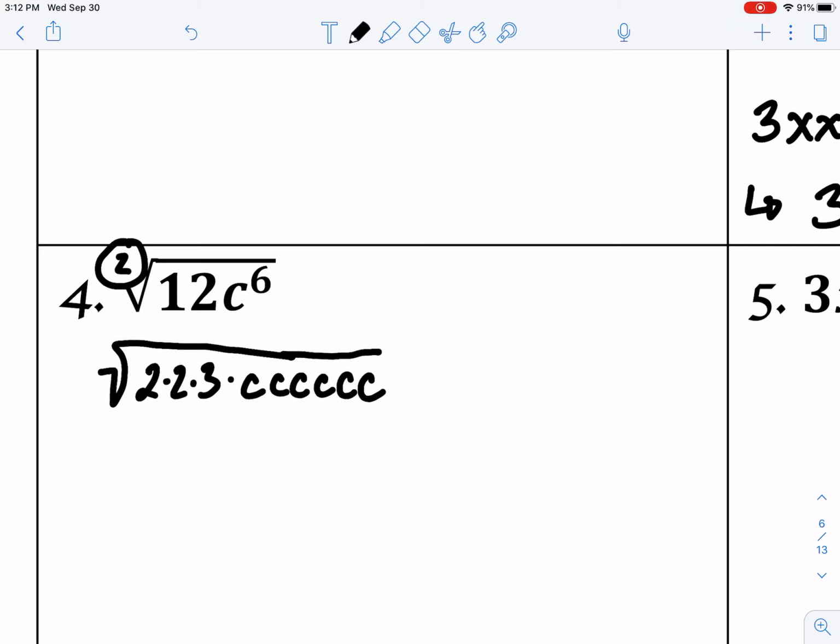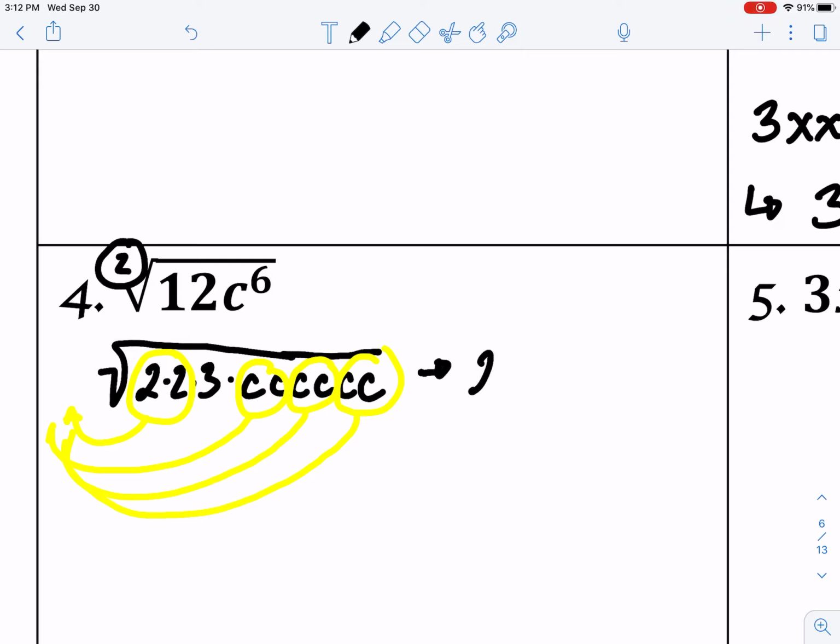So what I can do now is make a group. And again, what's out here on the edge tells me how many I have to have. 2 2s, 2 C's, 2 more C's, and 2 more C's. And again, 2, 1, 2, 3 C's.